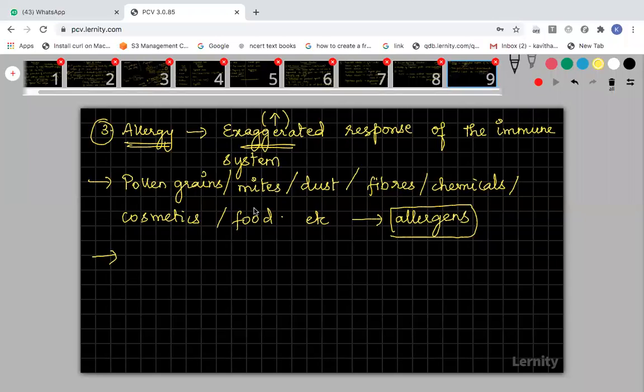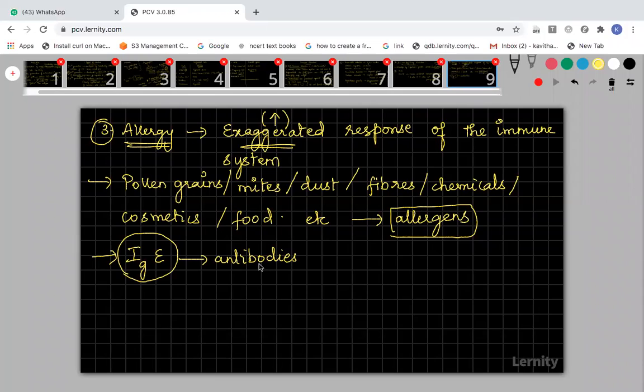IgE, very good. The immunoglobulin IgE, epsilon. The antibodies formed against the allergens responsible for causing that allergic disorder are IgE. IgE antibodies are responsible for causing allergy.